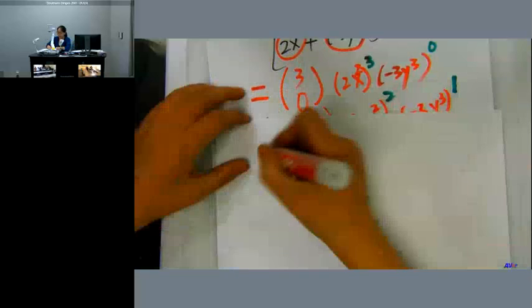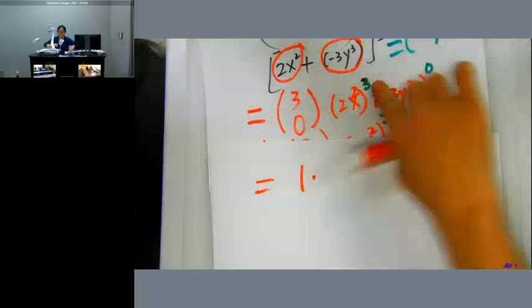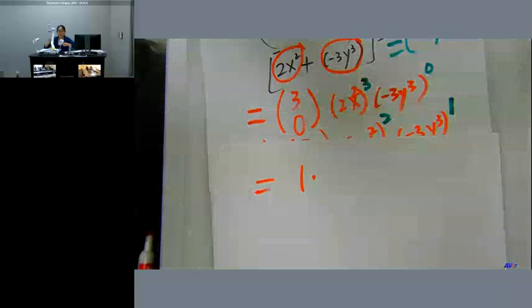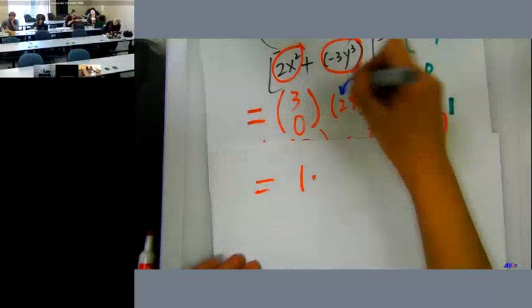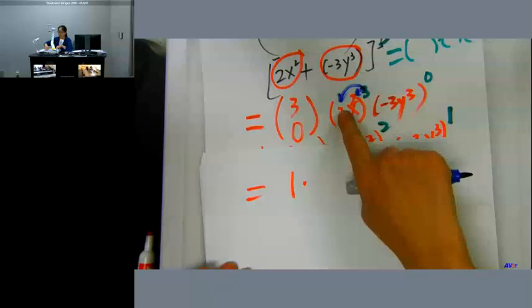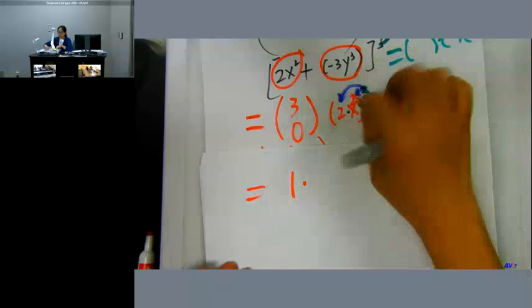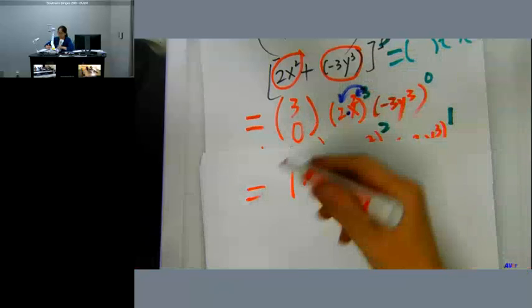Work out here. 1 times, and how do we do 2x squared to the third? Yes, that's right. That's one of the formulas in algebra. If it's multiplication, you can raise each one to the third. So 2 to the third, that gives you 8.